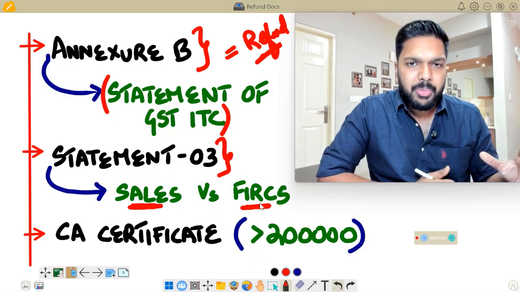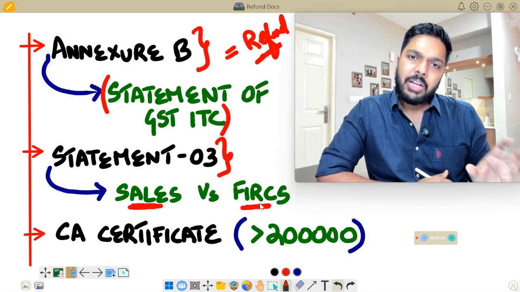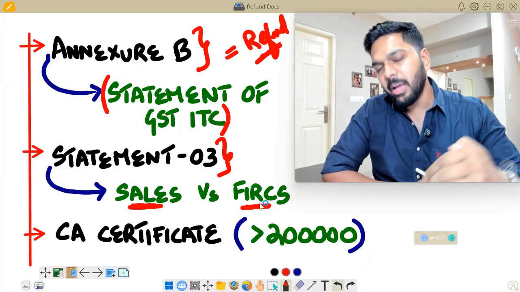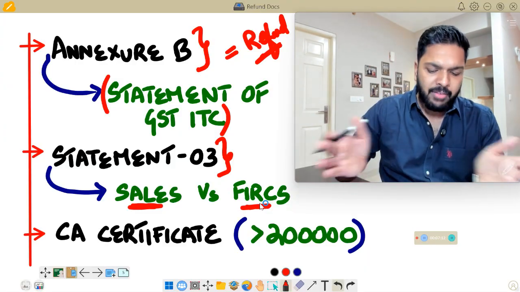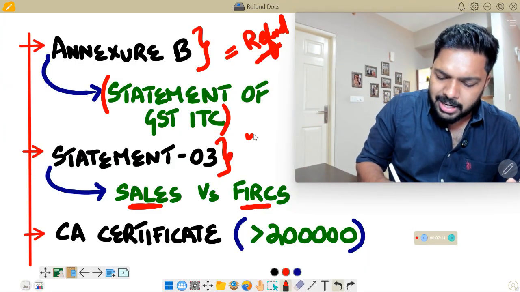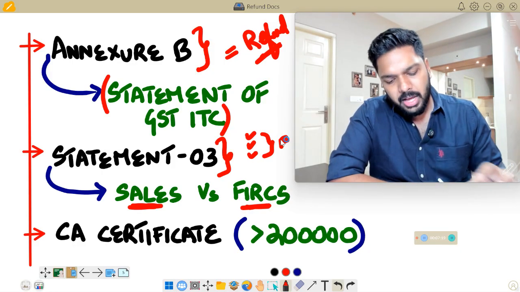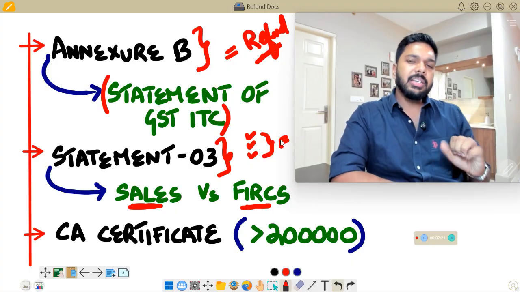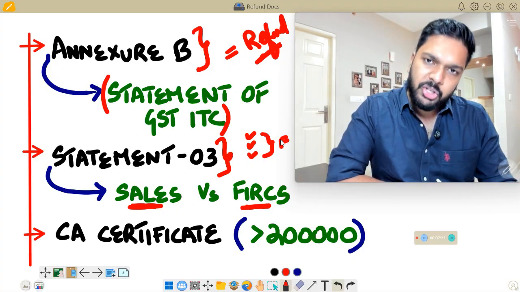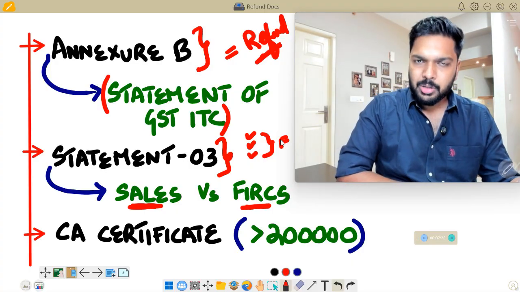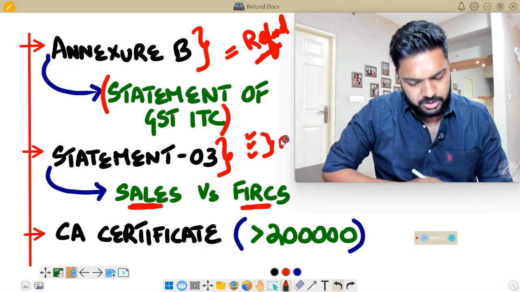Now, it could so happen that for two or three invoices together, the foreign customer is making a payment in bulk for which you will have only one FIRC. So tag 3 invoices to one FIRC. That is also possible in statement 03. So statement 03 will give you a reconciliation between sales that you've already shown on your GST portal and in your books of accounts, of course, and the FIRC values.